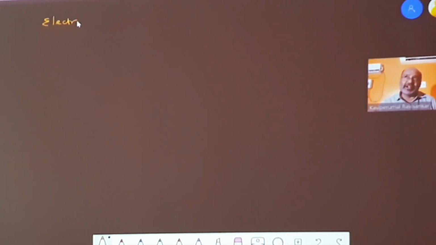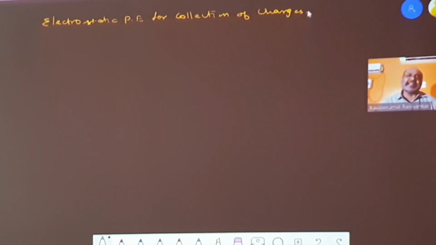Electrostatic potential energy for the collection of charges. First of all, let us consider for two charges what is the electrostatic potential energy, and after that let us extend it to three charges.